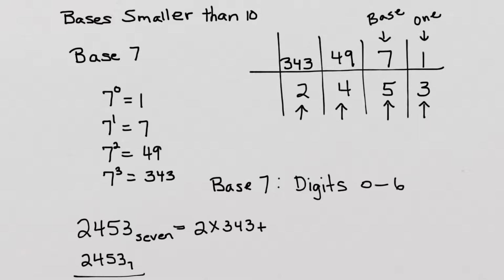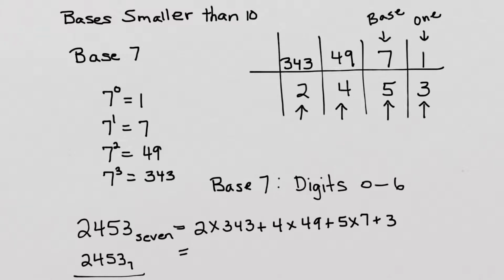So we're going to start with 2 times 343, and then we'll add to that 4 times 49 plus 5 times 7, and then finally plus 3 times 1, and I always just write 3 because you don't have to write the times 1, it's just 3.